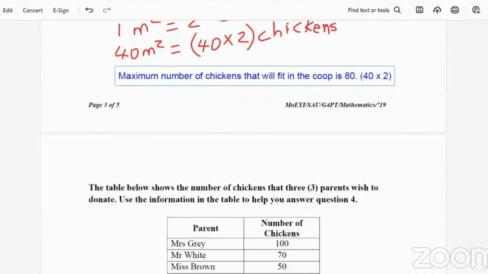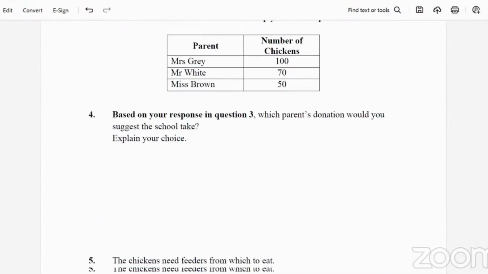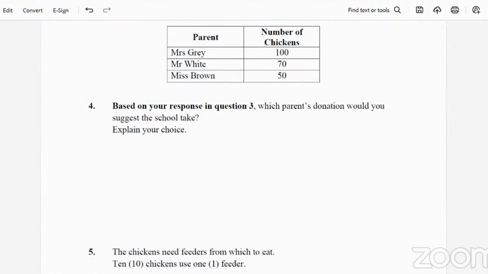So it would be better based on the fact that the coop can hold 80. All right, 100 is too much, 50 is too little. So Mr. White with 70, that seems to be the most ideal number of chickens. So question 4, based on your response, which parent's donation would you suggest the school take? And you're going to explain your choice.